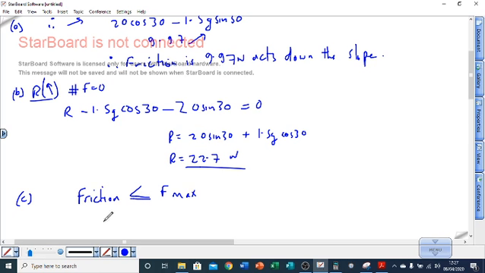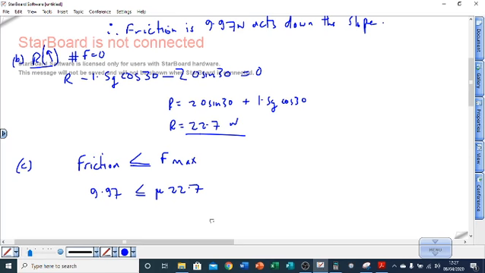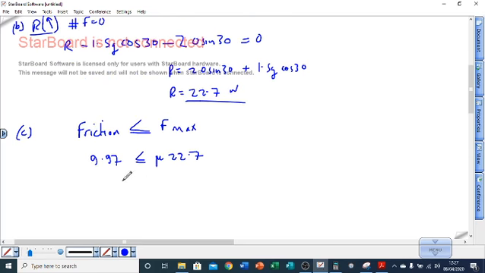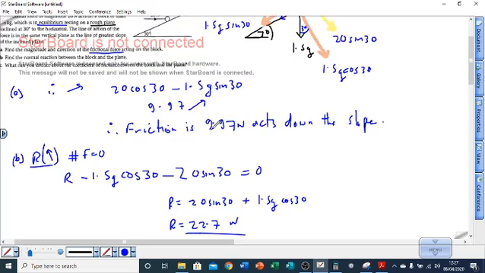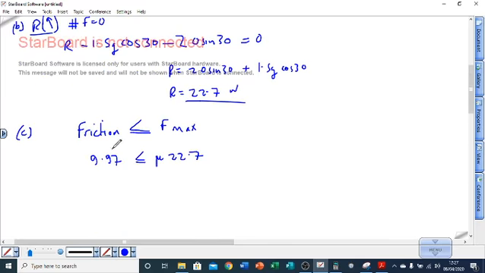So we know that the friction, 9.97, must be less than or equal to mu R, and again that is 22.7. I would use these unrounded answers. I stupidly didn't store this on my calculator, but I would use these as unrounded because you're going to incur an error here.